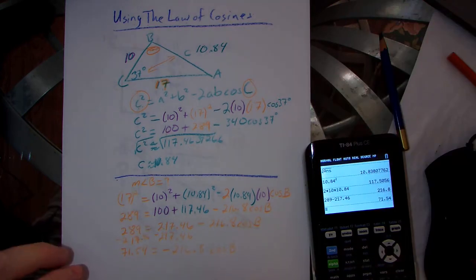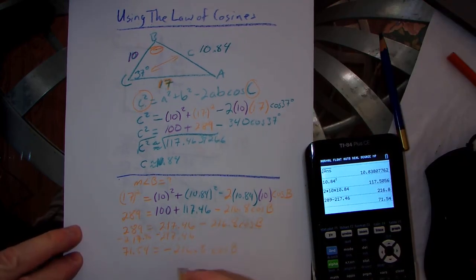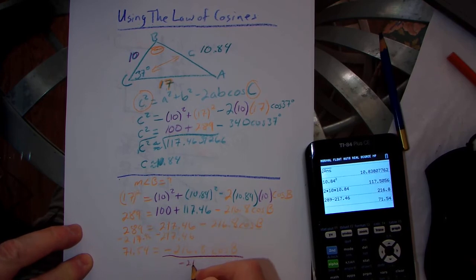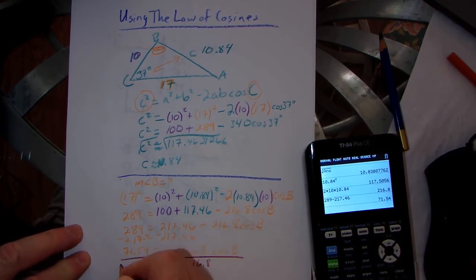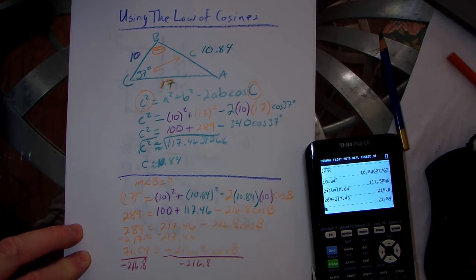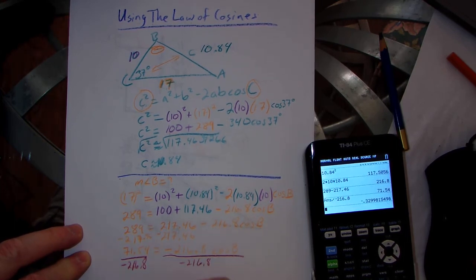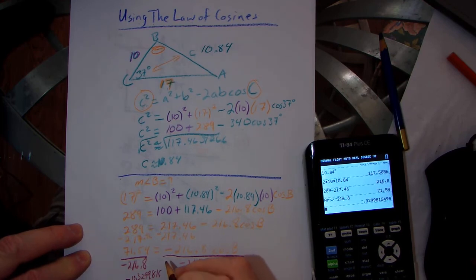That's no longer going to be color-coded. Sorry about that. Now, divide both sides by the negative 216.8. And I get approximately negative 0.3299815. It's about what cosine of B is going to be.